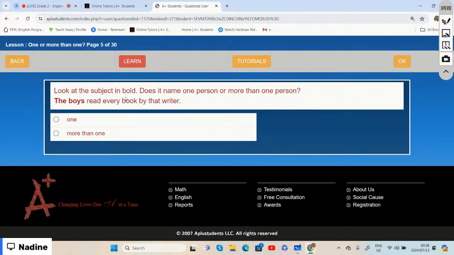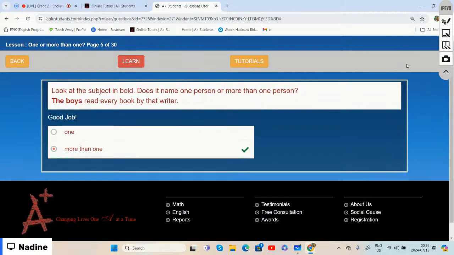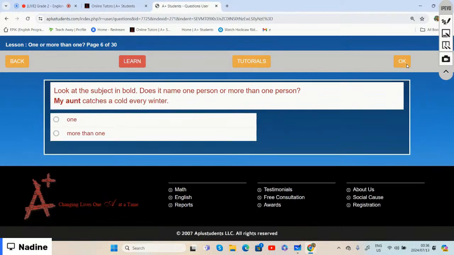All right, so the boys, a person or more than one person. So we can say the boys is more than one because they are two. The same with my aunt, right?